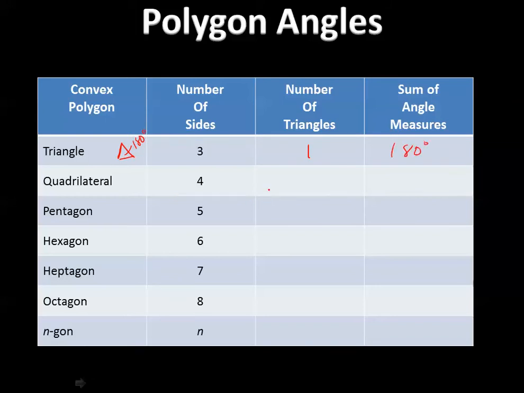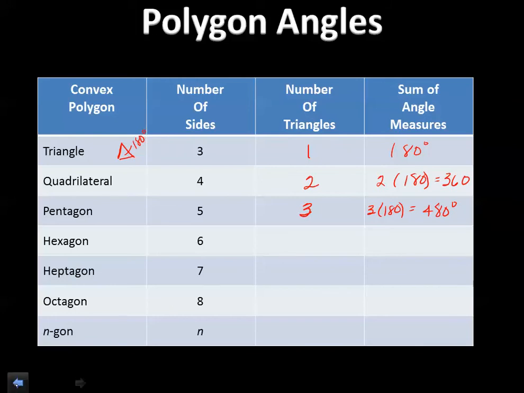Now with the quadrilateral, I just showed you on the other page, we have two triangles, so 2 times 180 gives me 360. With the pentagon, I had 3 triangles, so 3 times 180, which is 540 degrees. Let's look at a hexagon.